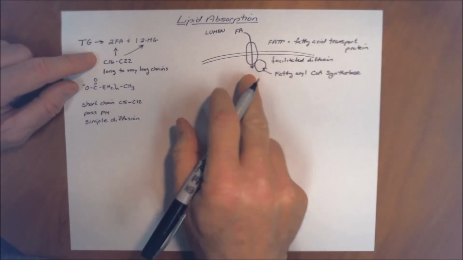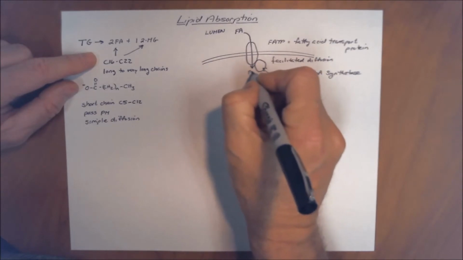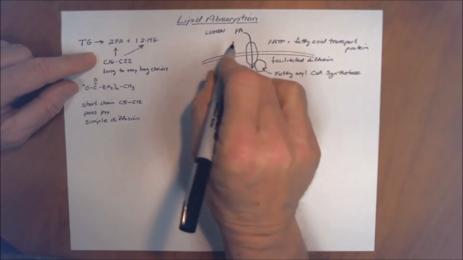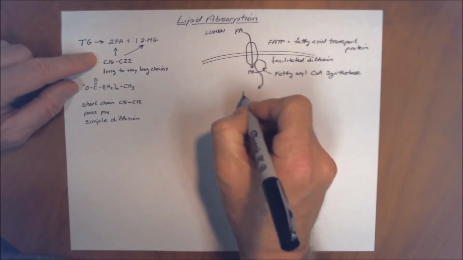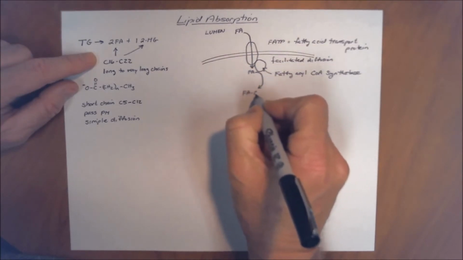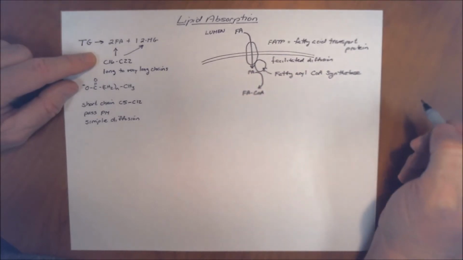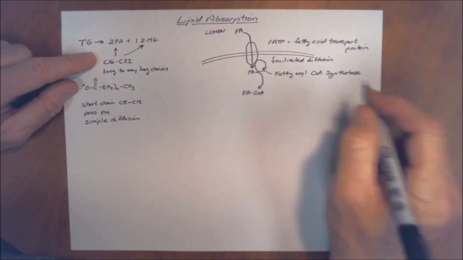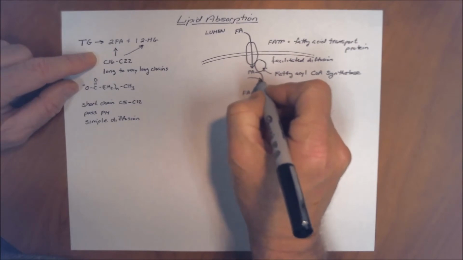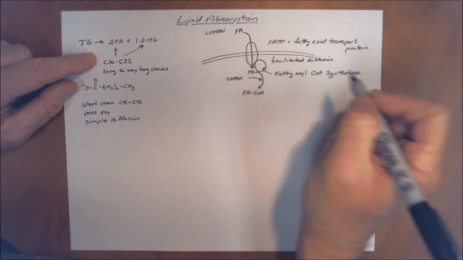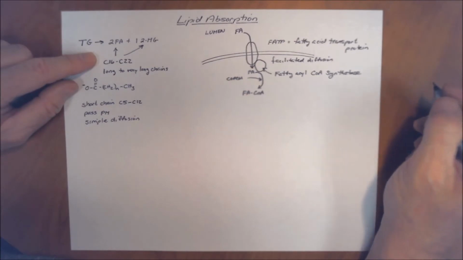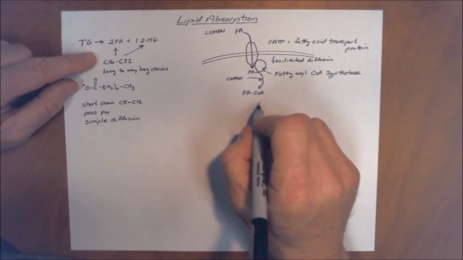The purpose of this enzyme is to take the fatty acid that is transported in by the FATP and add a coenzyme A to the carboxylic end. So coenzyme A, many of you will recall this, call it CoASH. This will be attached to the end.